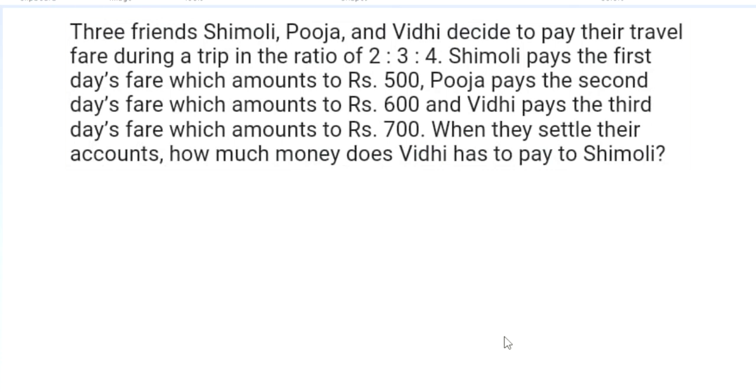So we can see from the amount and the ratio they need to pay, someone paid extra and someone is paying lower. The question asks, how much does Vidhi have to pay Shimoli? Without even thinking so deep about who pays less, you can see that Vidhi pays less, so Shimoli pays more. So Vidhi needs to pay the amount to Shimoli.